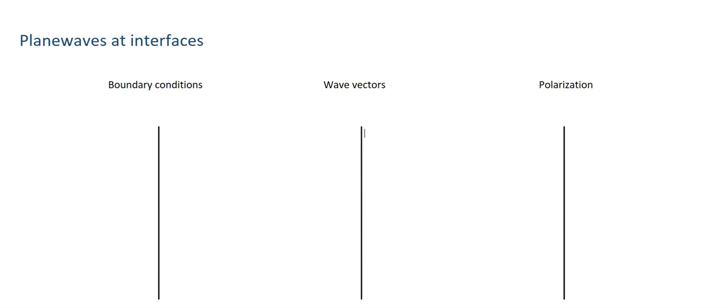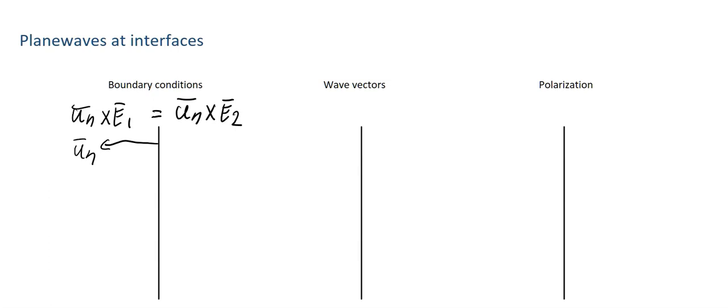This is also repetition from basic courses, but I'm using some specific notations, especially for this course. To begin with, I would like to introduce the boundary conditions and wave vectors. Boundary conditions are formally written with the unit vector of the normal of the interface pointing towards the incident field.